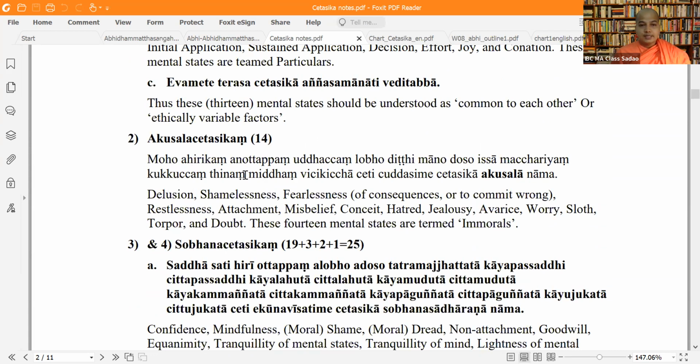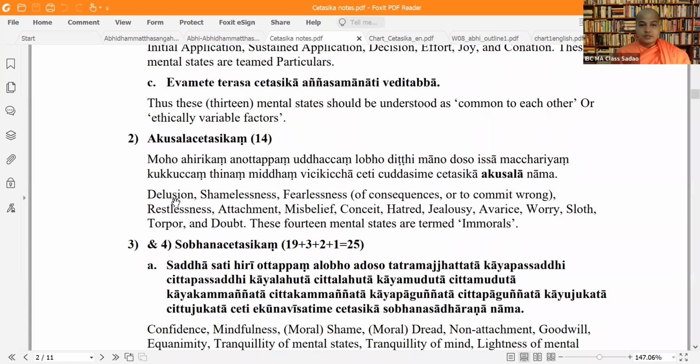Moho, ahirikang, anottappang, uddhaccang, lobho, ditthi, mano, doso, issa, macchariyang, kukkuccang, thinang, middhang, vicikiccha cheti, cuddasa ime Chetasika Akusala Nama.